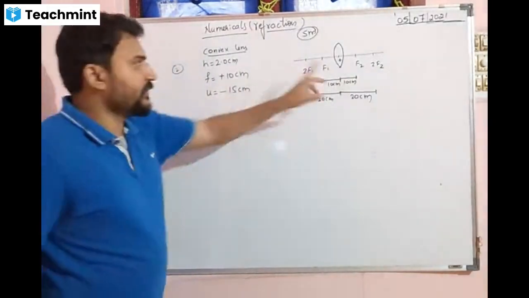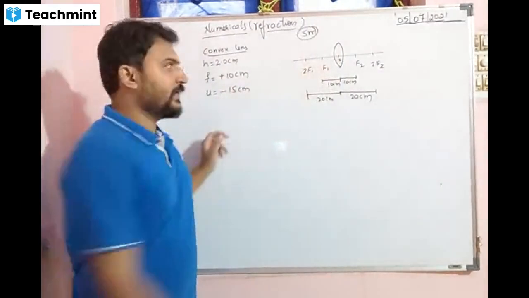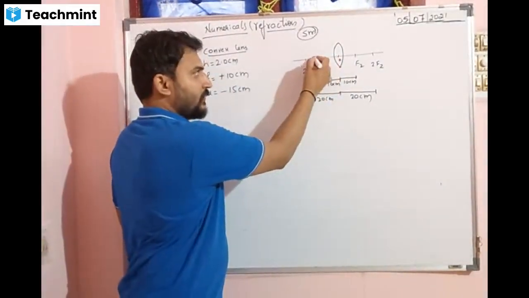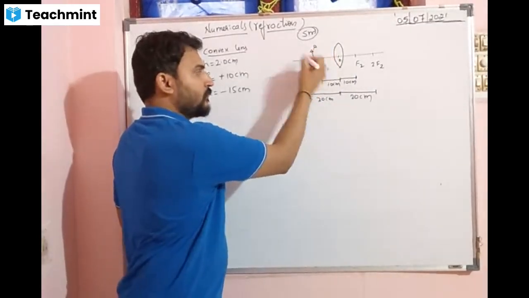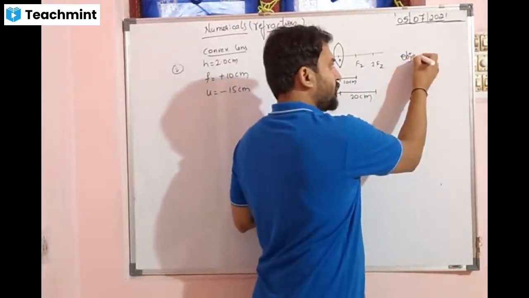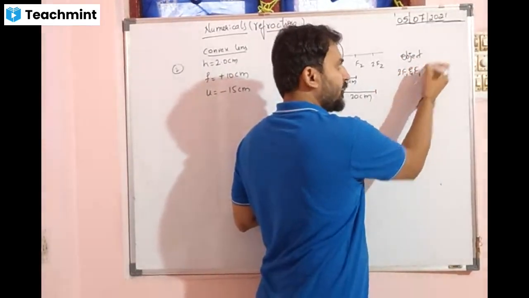Now 15 centimeters from this optic center, on the left side, is where it is kept. From here to here it is 10. The object is between 2F1 and F1, no? Yes, sir. The object is between 2F1 and F1.